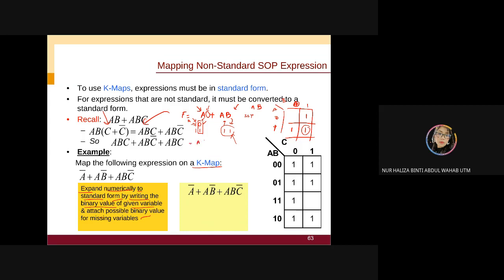Let's say I give you an example, you're going to get A plus AB equal to AB plus AB bar plus AB.